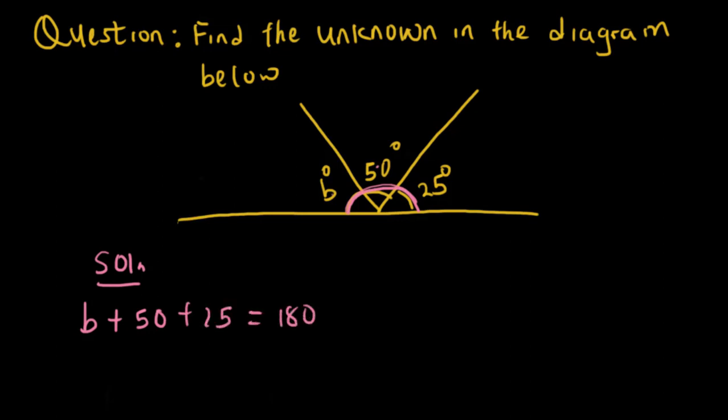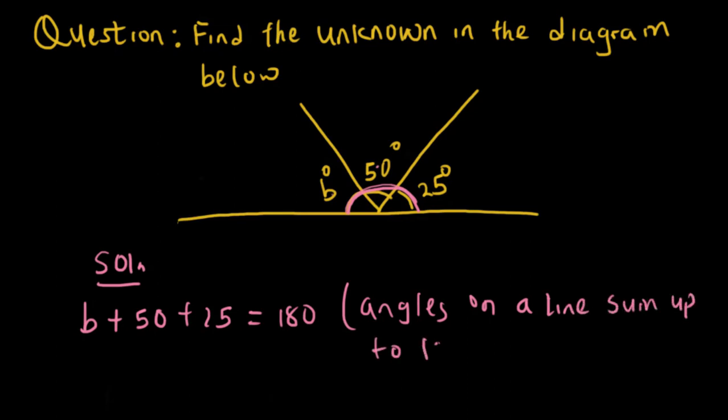Do you understand? So we write the reason: angles on a line sum up to 180 degrees. Does this make sense? So we are going to be having B plus 50 plus 25 will give us 75 equals to 180.